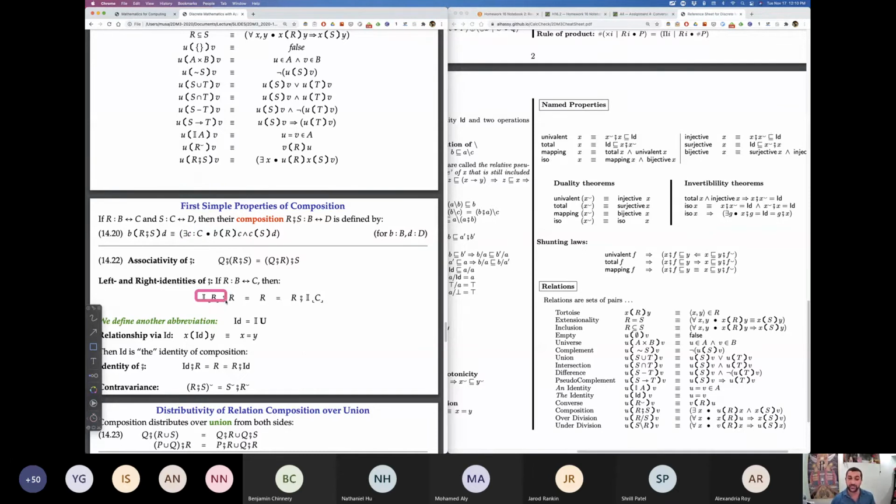And identity, this is just the one-point rule. So here's an equality right here, and then there's a quantifier. Whenever you have a quantifier and an equality, you use the one-point rule to get rid of that quantifier. Okay. And identity is just two things being equal. That's all. It's the equality relationship. Okay.